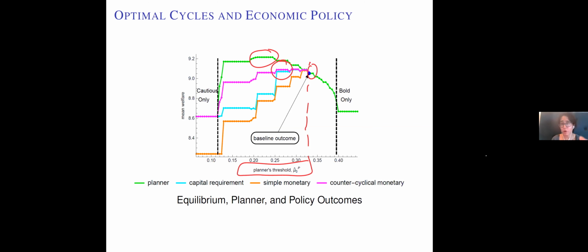However, the capital requirement is only individual specific. It requires you to hold capital if you choose a bold test. It turns out that in equilibrium, that also talks to the aggregate state, but the government does not need to know the aggregate state.